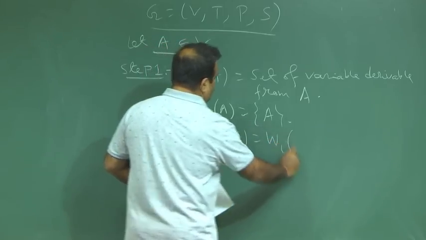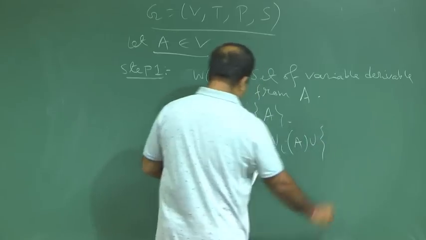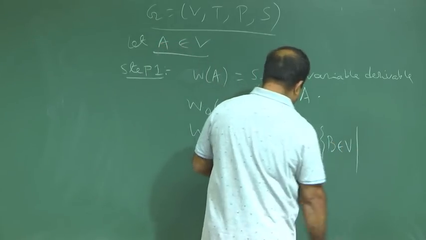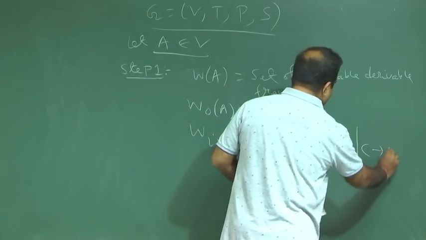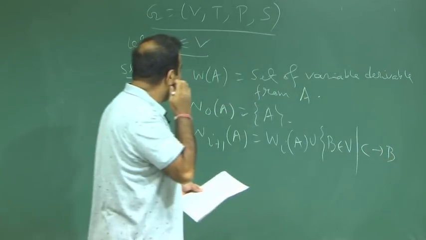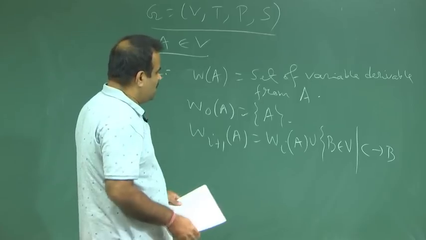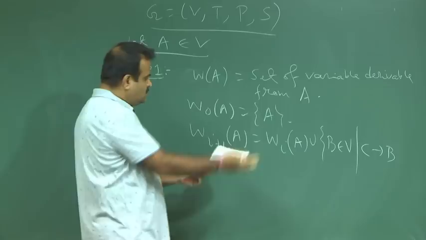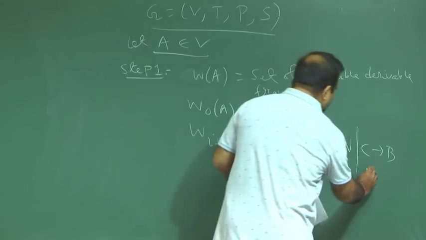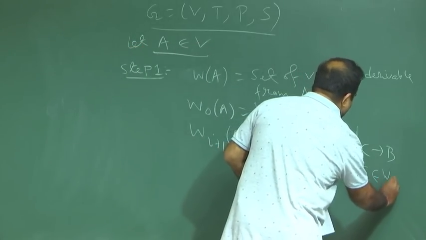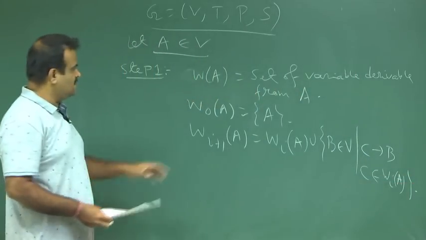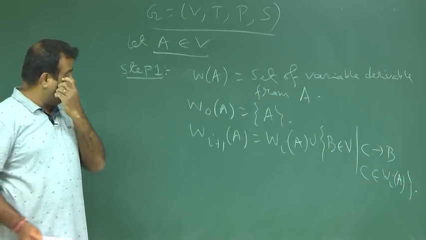So, W_i(A) is a union of all the variables B such that B can be derived from A. If C can be derived from A, and B can be derived from C, then B also can be derived from A. This is the recursive way we can construct this, and eventually we will see this will converge.